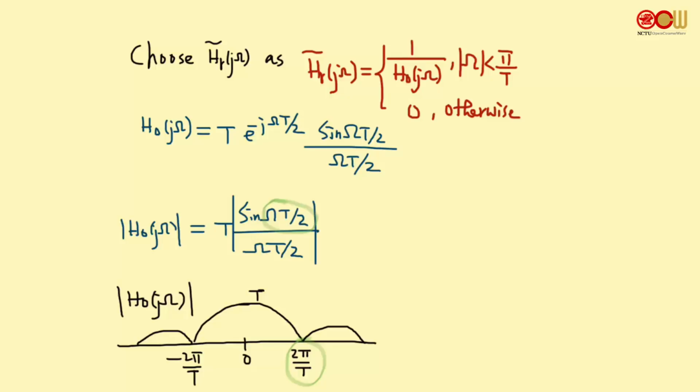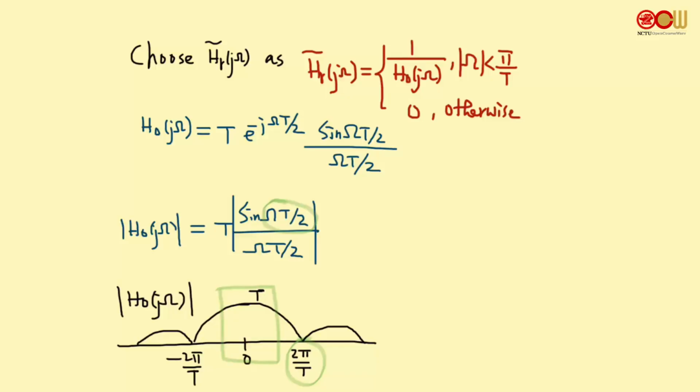This is the Fourier transform of H0. And HR tilde will be the reciprocal of that for the range between minus pi over t to pi over t. So it's this part, the reciprocal only for this part.